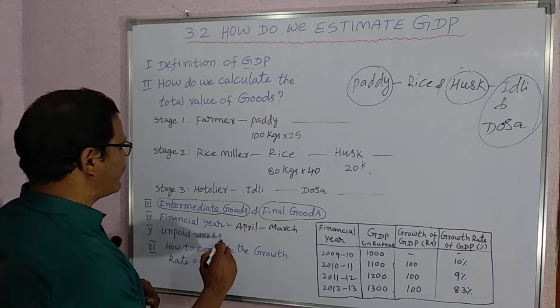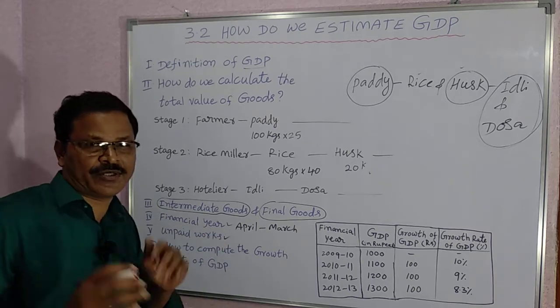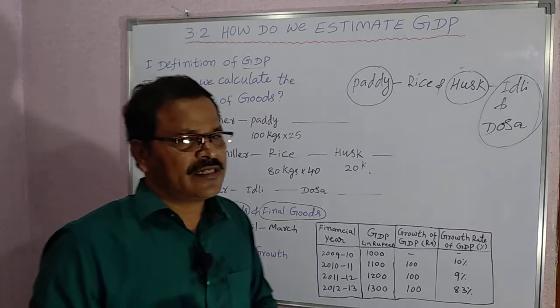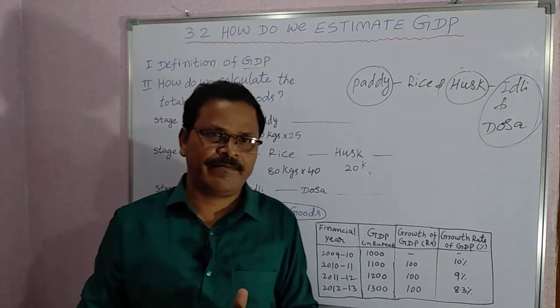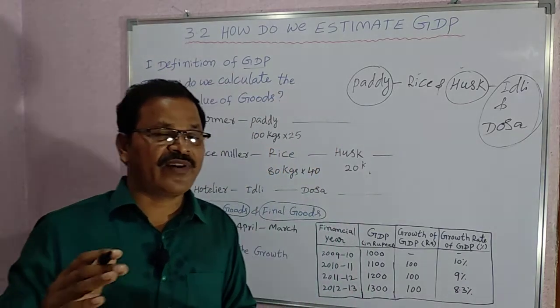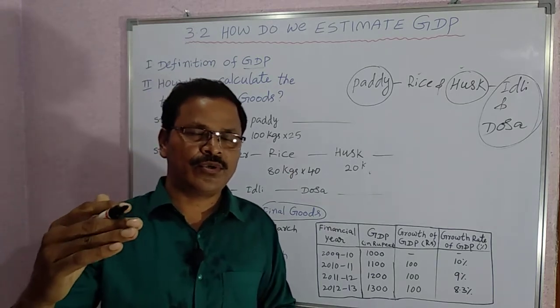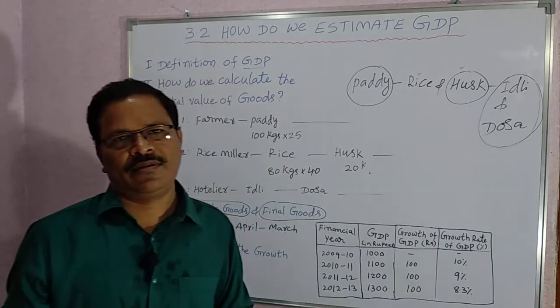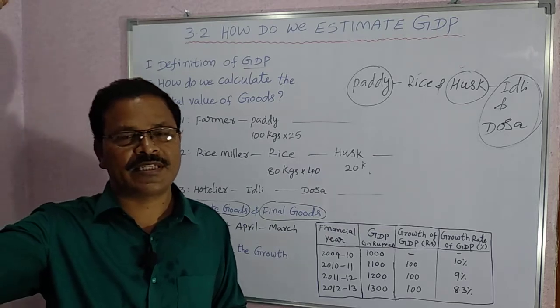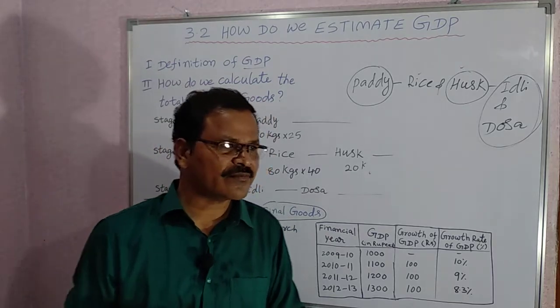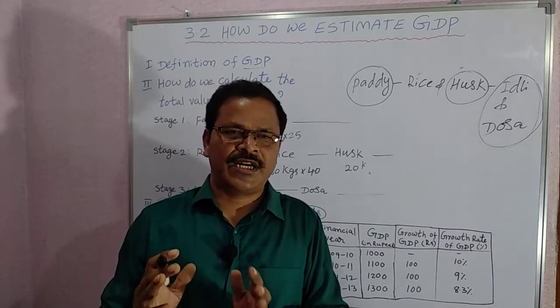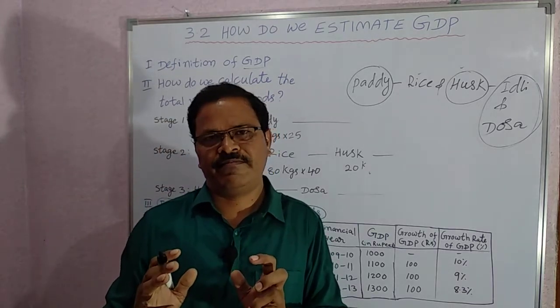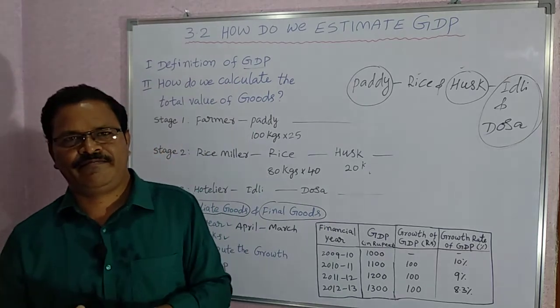Next, unpaid works. GDP records the final value of goods and services produced. But there are many items that are not sold and purchased in markets.